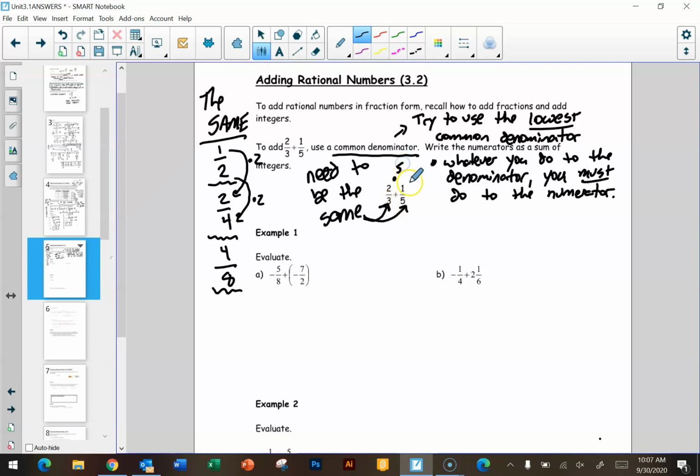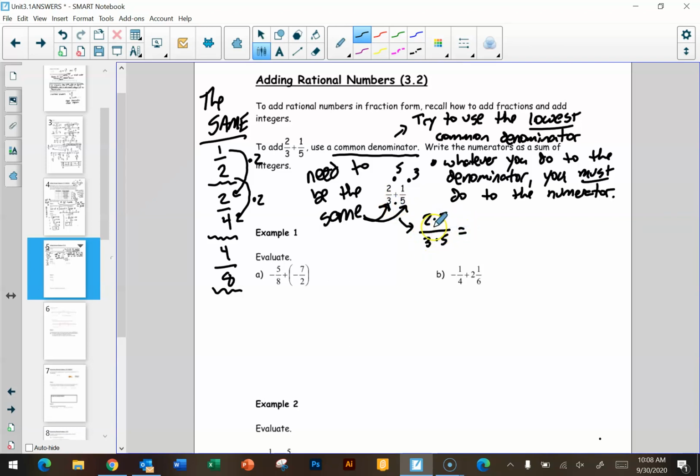So this one's going to be times 5, and this one's going to be times 3, and I'll show you why that works. Let's write this out down here. On the top of this side, we've got 2 times 5. Now I need to multiply this by that as well. So this is 3 times 5. Now that's important.